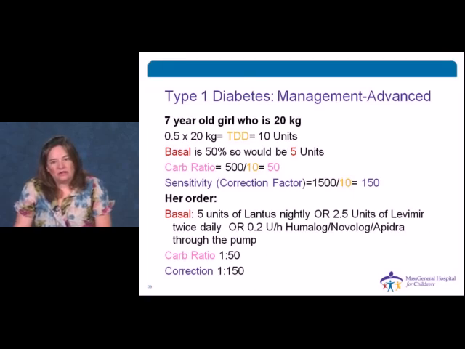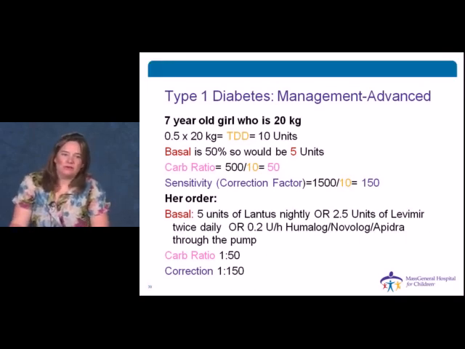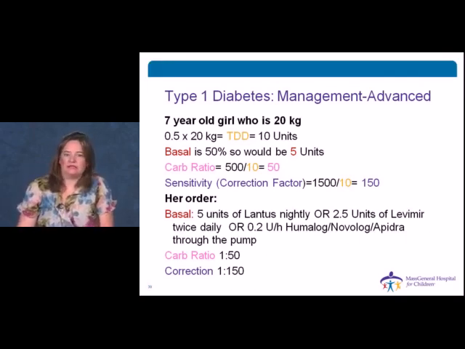Something nice here that you can use as a quick check for when your patients come through with their doses is that because of the way these formulas are set up, the sensitivity and carb ratio have a relation to each other, and the sensitivity or correction factor tends to be about 3 times the carb ratio number. So what her order would look like is, with her basal being 5 units, it would either be given once nightly as Lantus, or potentially 2.5 units twice daily as Levemir.